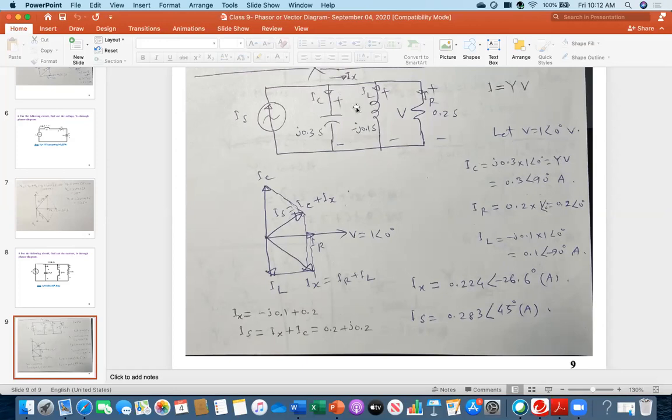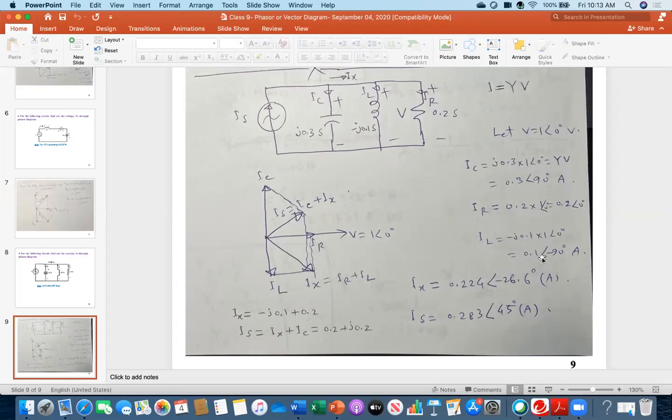What is my IR? IR is again this equation, 0.2 multiplied by the voltage value at an angle of 0. I got 0.2 angle 0. What is my IL? Again this one, minus j0.1 multiplied by voltage.